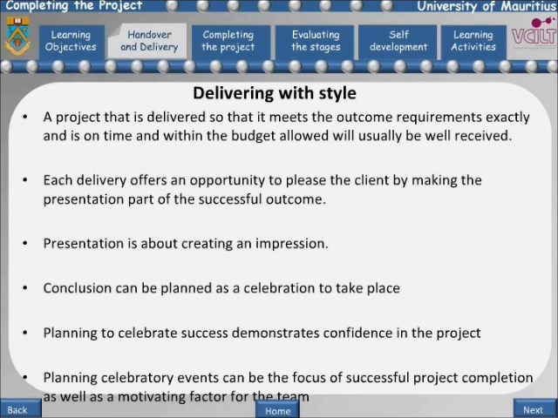Planning celebratory events can be the focus of successful project completion and can be a motivating factor for the team and can help to keep up momentum in the later stages of a long project. It can contribute to keeping the morale of the team high.